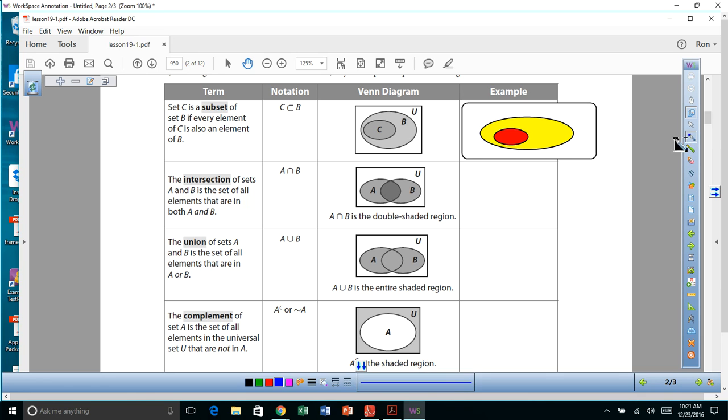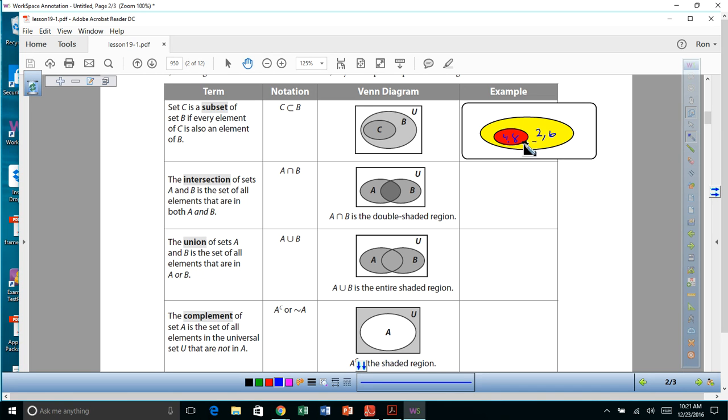What was in element C? You had 4 and 8, right? 4 and 8. Now, what was in B? B had 2, 4, 6, and 8, right? All right.